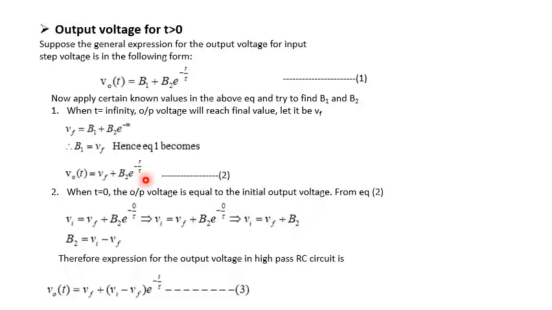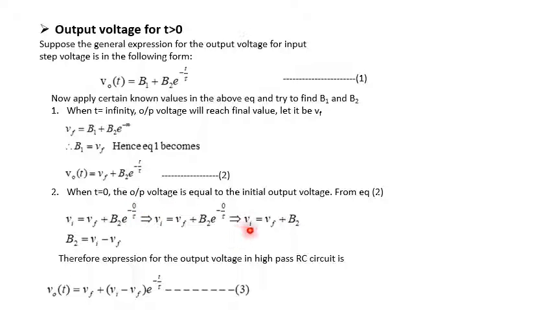Now the second point is, when t is equal to 0, the output voltage is equal to the input voltage, because of the initial condition, the input voltage is Vi. So Vi is equal to Vf plus B2 e raised to the power minus 0, since B1 is Vf. And e raised to the power 0 is equal to 1.